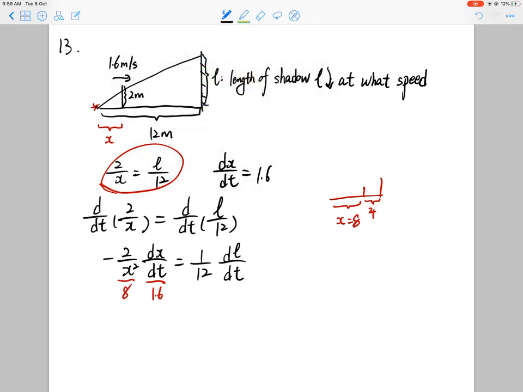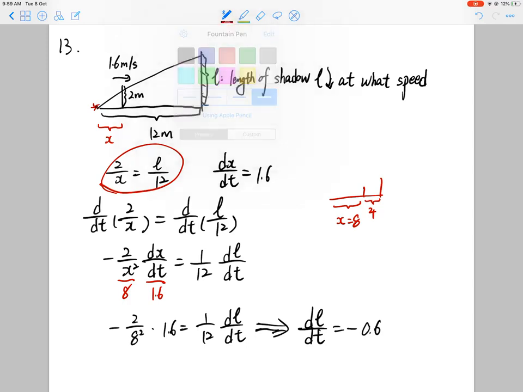Then you substitute in: negative 2 over 8 squared times 1.6 equals 1 over 12 dl over dt. So your dl over dt is negative 0.6.